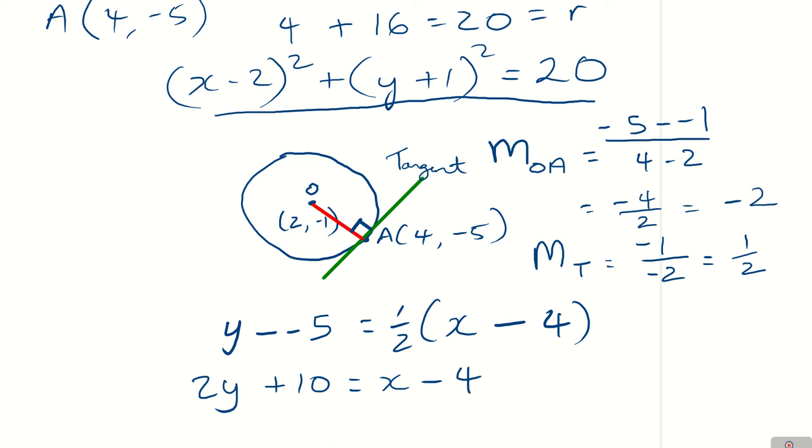So x minus 4, and I get x minus 2y minus 14 equals 0. And there we have it. That's the equation of the tangent to the circle at the point A.